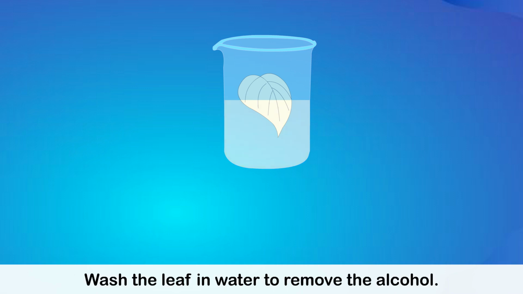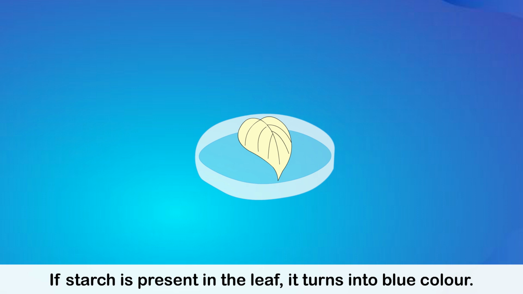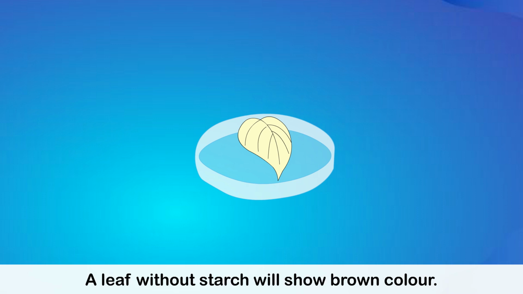Relationship between plants and animals. We know that all animals depend on plants for their food. Do plants also depend on animals? Yes, animals breathe out carbon dioxide, which is needed by plants to manufacture their food.